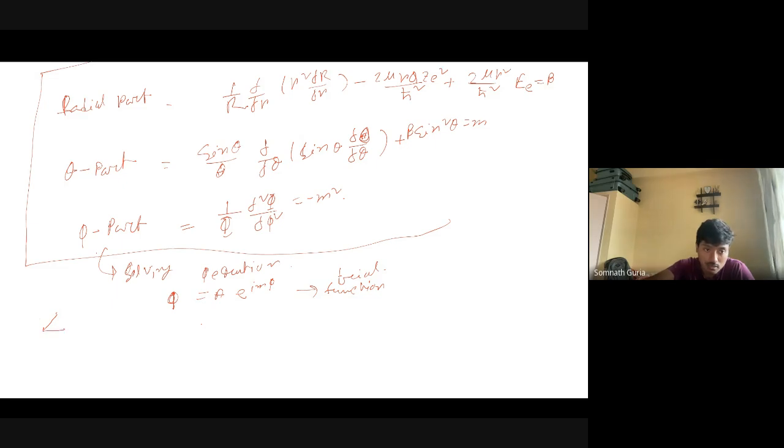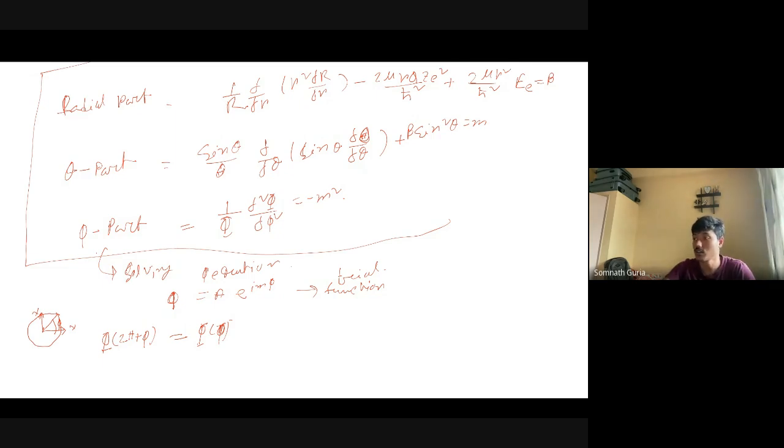Let's suppose this is the xy plane, this is x and this is y, and this angle is phi. As a boundary condition, after 2 pi rotation it will give the same value. So that means 2 pi plus phi gives capital phi of small phi.